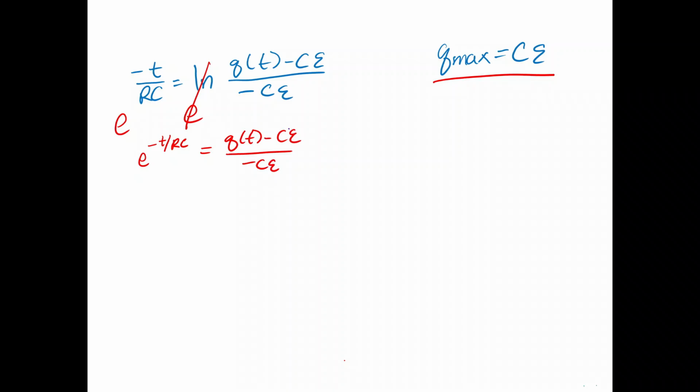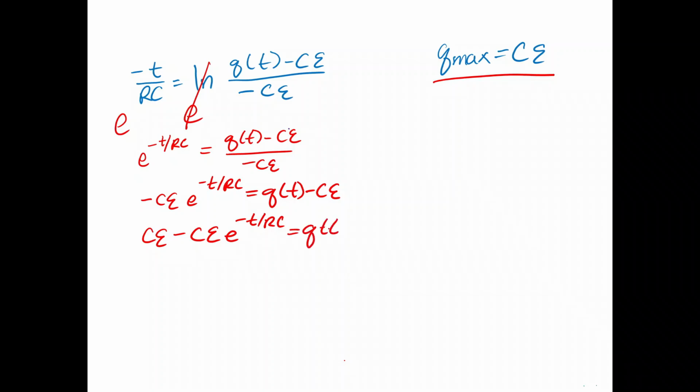And then you can multiply by that denominator. So I get minus CE, E to the negative T over RC is equal to Q of T minus CE. I'm going to add that other CE to the other side to get Q of T by itself. I end up with CE minus CE, E to the negative T over RC is equal to Q of T. And then by convention, we combine those CE terms, pull out the CE.